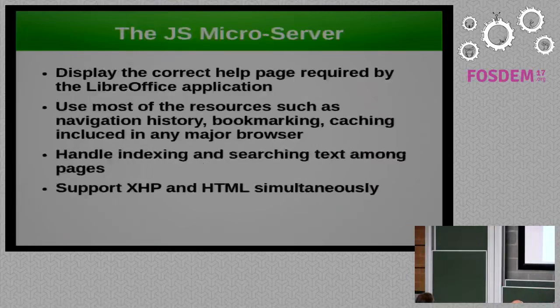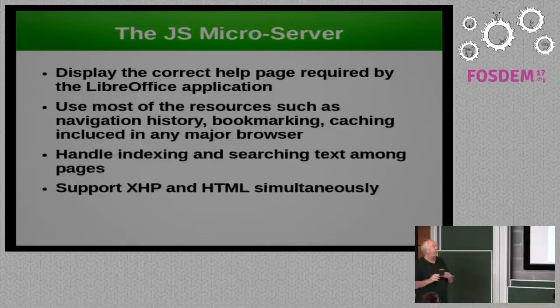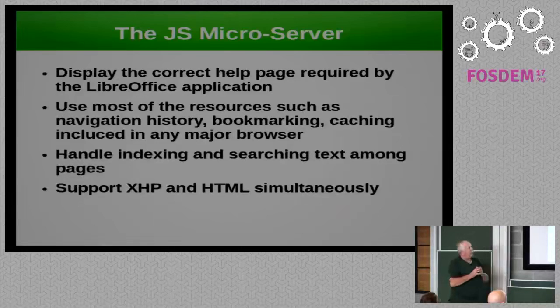Well, this small JavaScript microserver will be used to first display the correct help page required by the LibreOffice application, so that when you click the help button in your dialog, you go to the right help page. It uses most of the resources such as navigation, history, bookmarking, caching, included in any major browser.